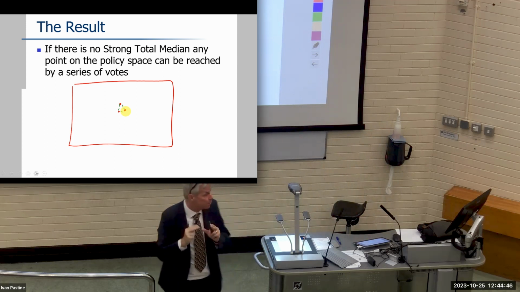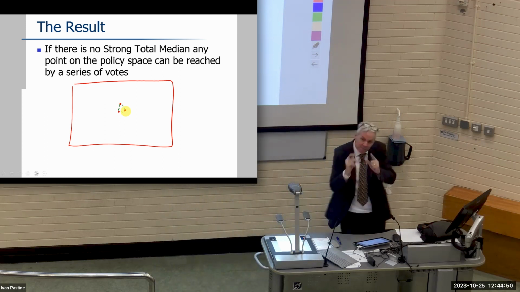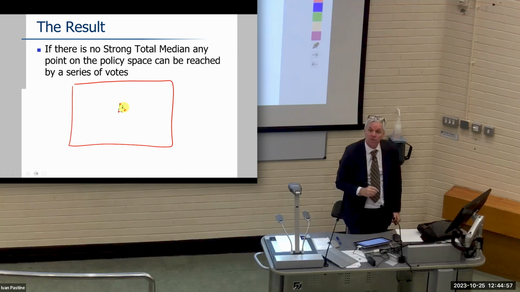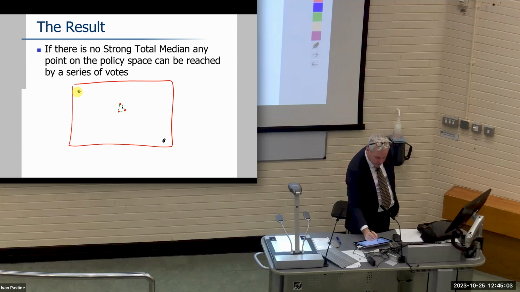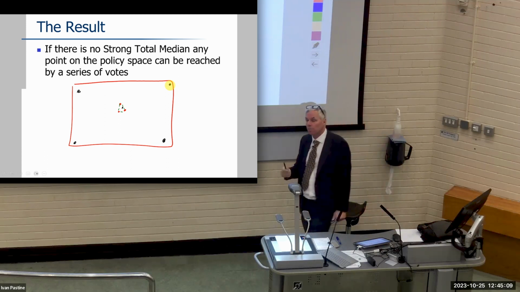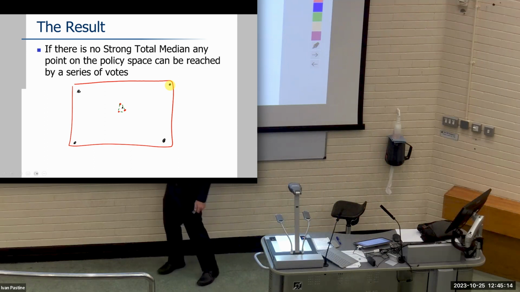And McKelvey's paper is saying it's not quite that nice, because even if it's really small, I can take a series of votes, starting, say, from here, and through a series of votes, I can get these 3 people to vote for this. Or I can get them to vote for this. I can get them to vote for anything in this policy space. So if we don't have a strong total median, anything is possible. So the fact that this little indeterminate zone is small buys you nothing.